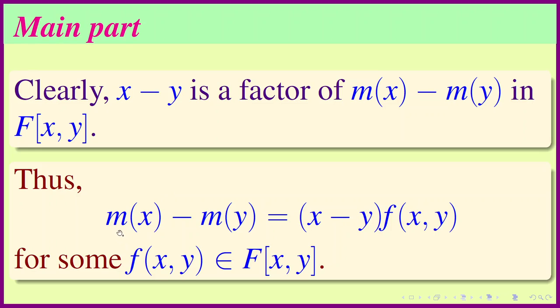Thus, M(x) minus M(y) can be written as (x minus y) times some f(x,y), where f(x,y) is an element of F[x,y].